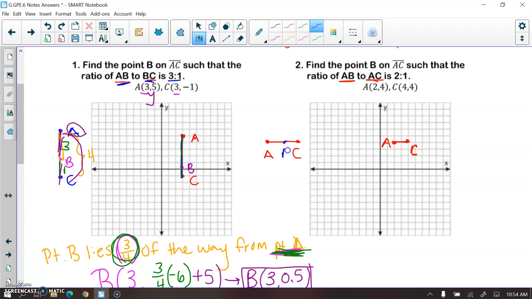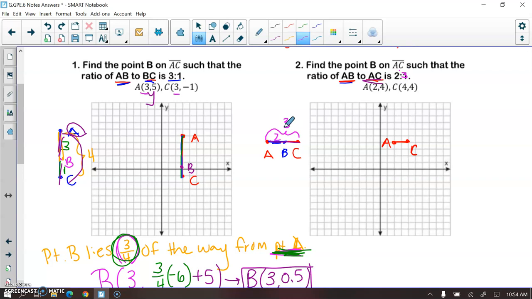We don't know where yet. I'm going to put it here for right now. And we want the ratio of AB, that's this, to AC, which is this whole line segment, to be 2. Sorry, that should say 2 to 3.